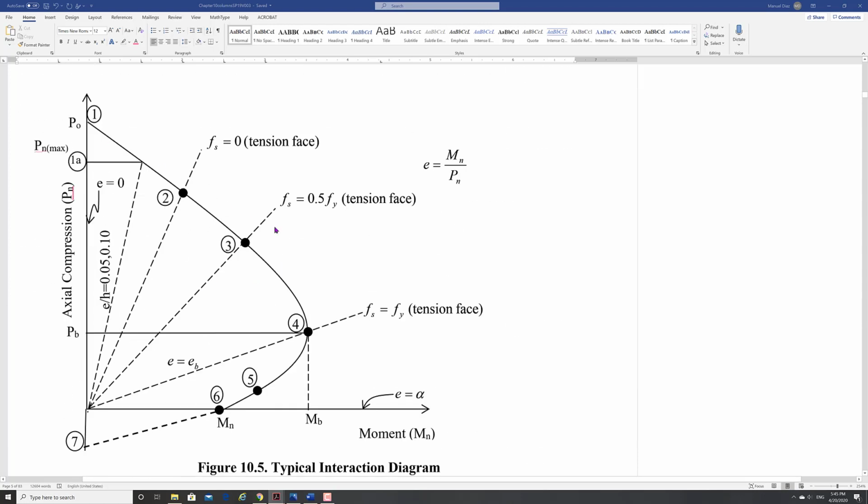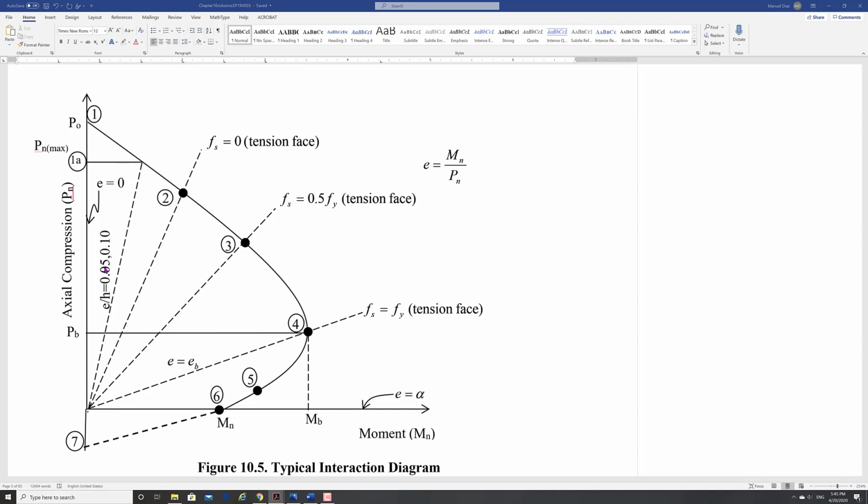We also learned that in order to do this, we need interaction diagrams, and we can develop that. I showed you how to find a basic interaction diagram by just picking up point 1, point 1A, your balance condition, and then your P equals 0. By doing those points, you can have an approximate value of your interaction diagram.